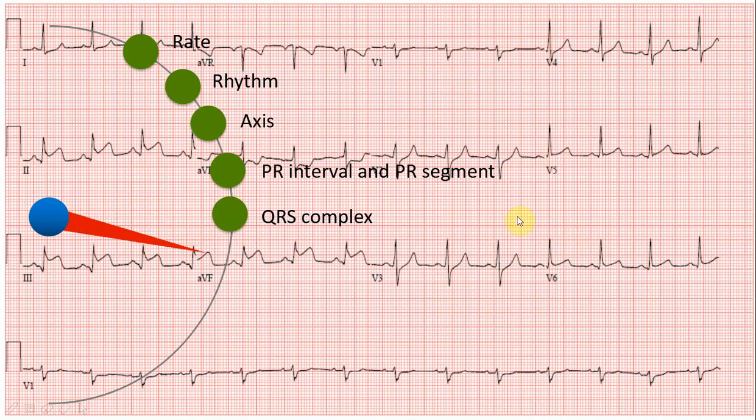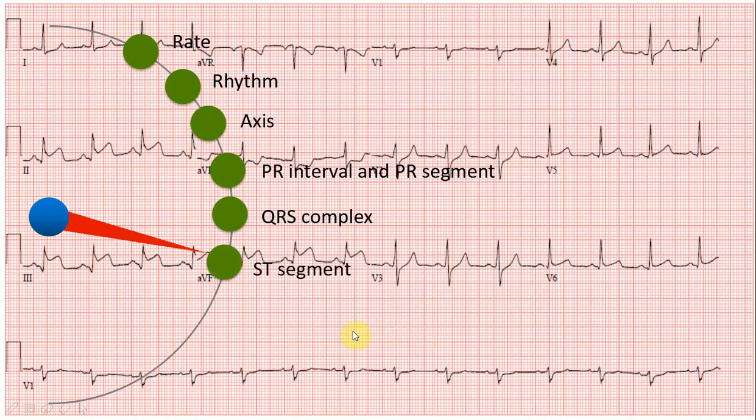And as I mentioned earlier, in any ECG you will never see Q, R, S together. You will see either an R wave and S wave, or a small Q wave and an R wave. So in lead 3, there is a small Q wave and R wave, but Q, R, S will never be found together.